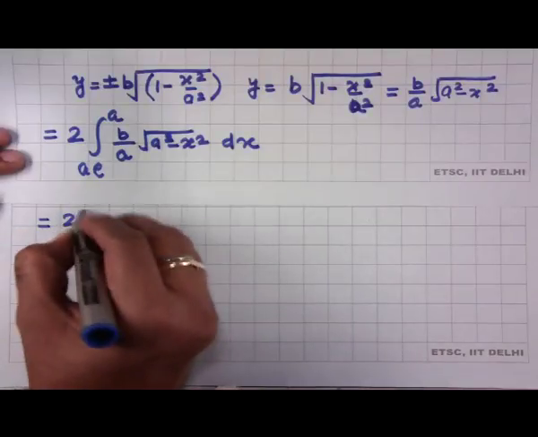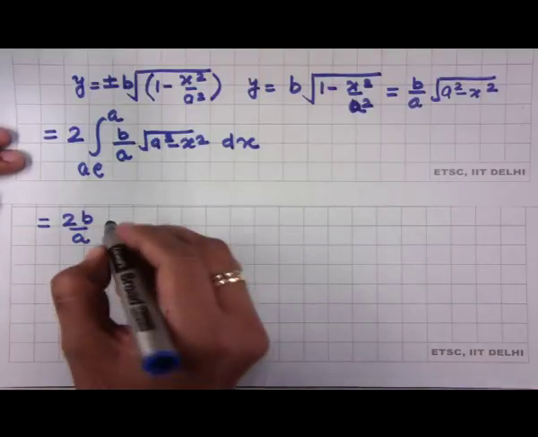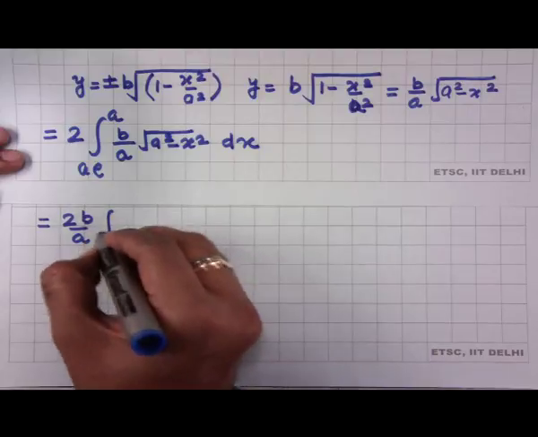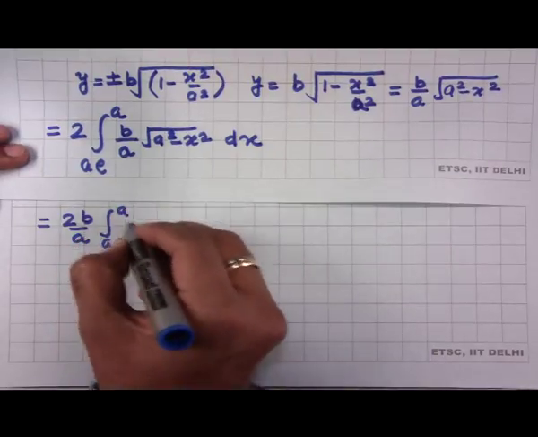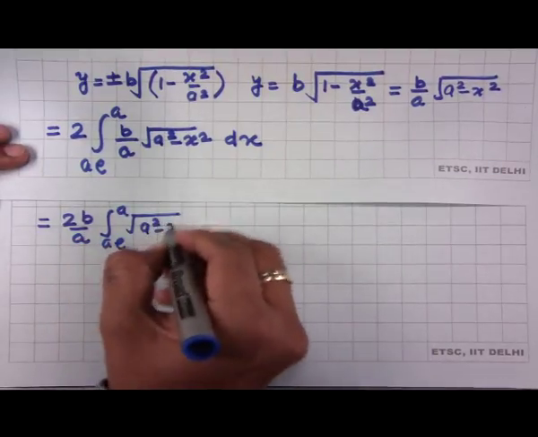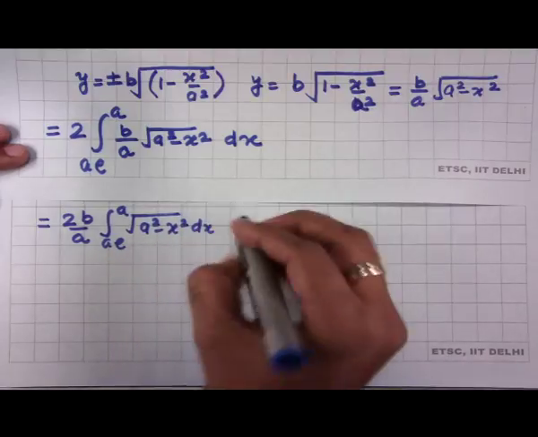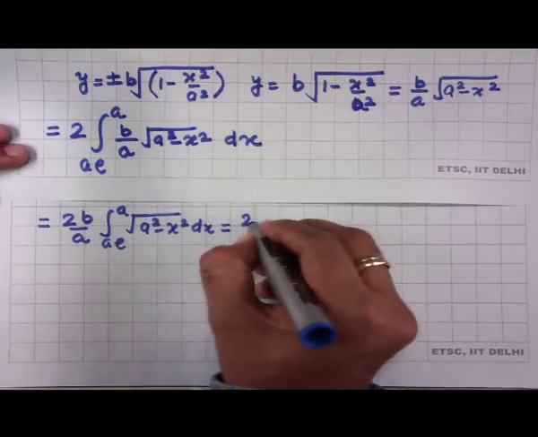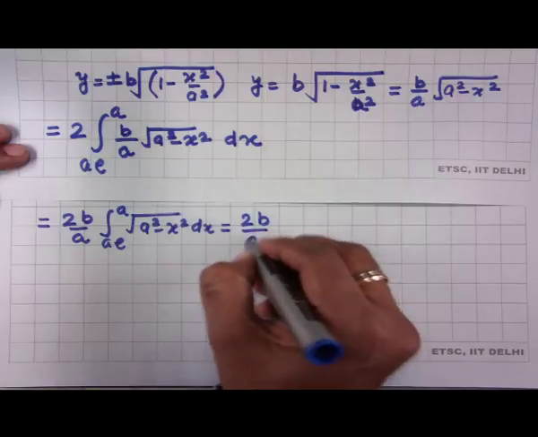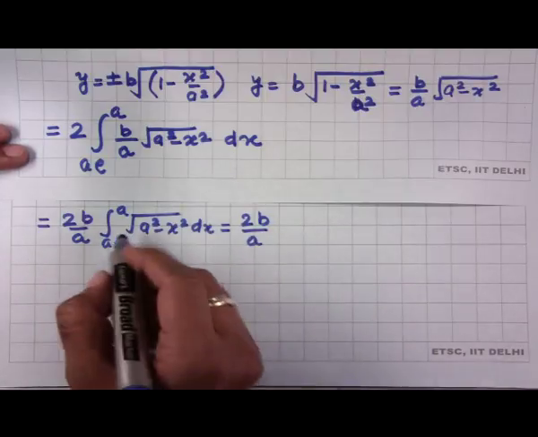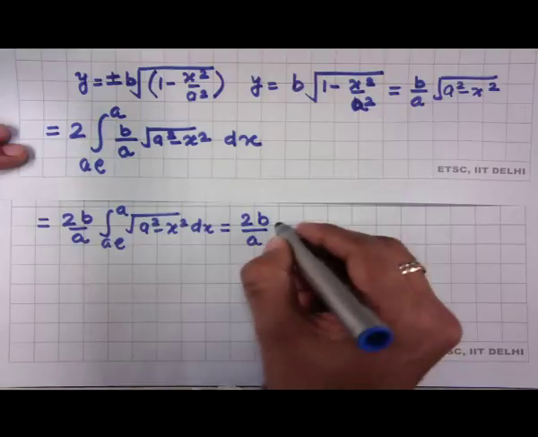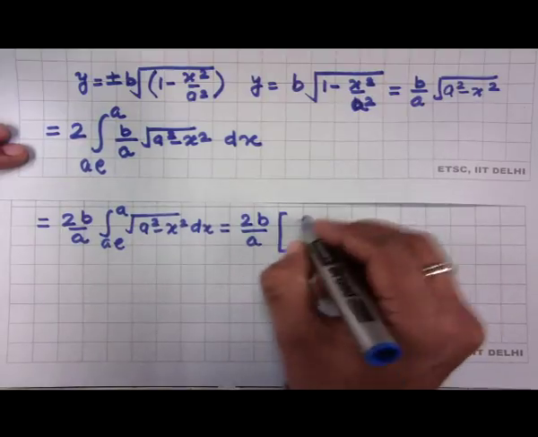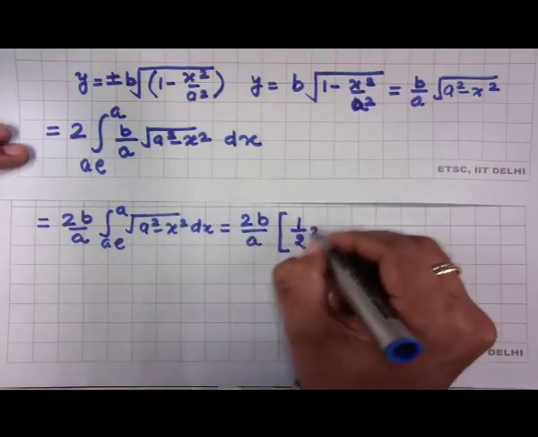We get 2b by a times the integral from ae to a of under root a square minus x square dx. This is a well known integrand and its value is known to you, so you can write the value directly.